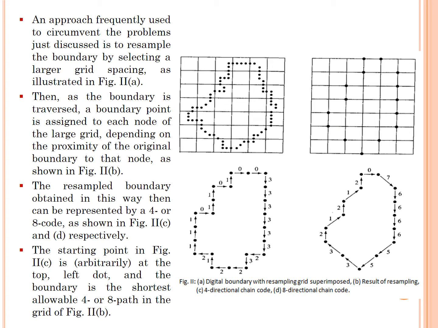An approach frequently used to circumvent the problems just discussed is to resample the boundary by selecting a larger grid spacing as illustrated in figure 2a.